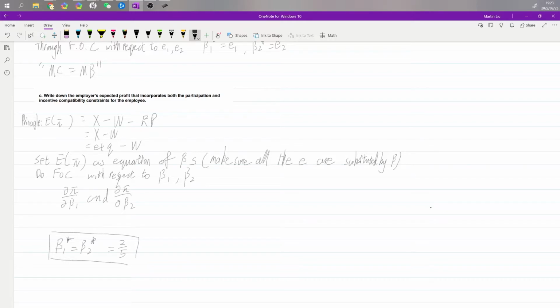So that is why the principal would like to use what he knows about the agent and substitute that information into his expected profit to find the optimal betas.